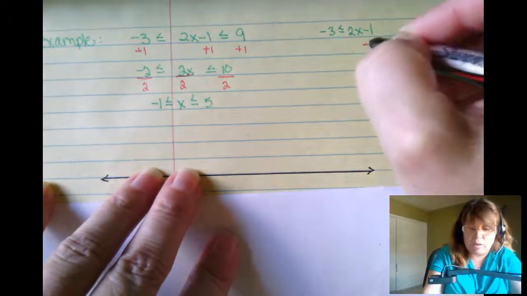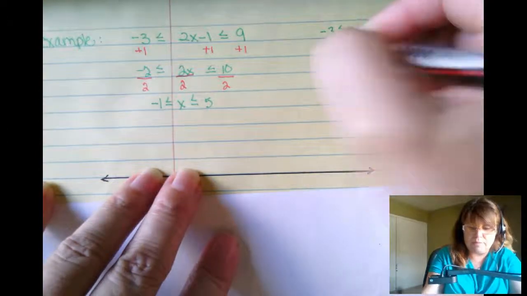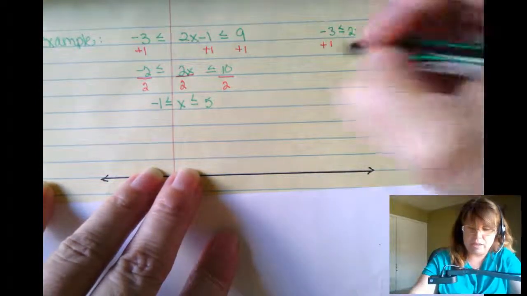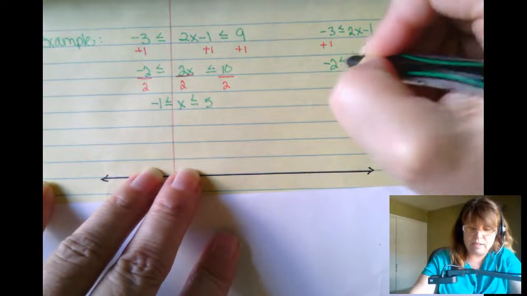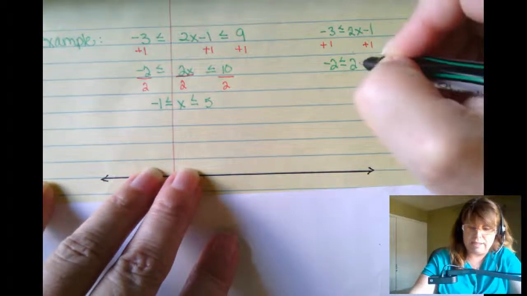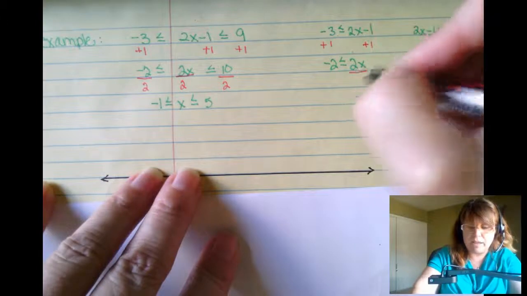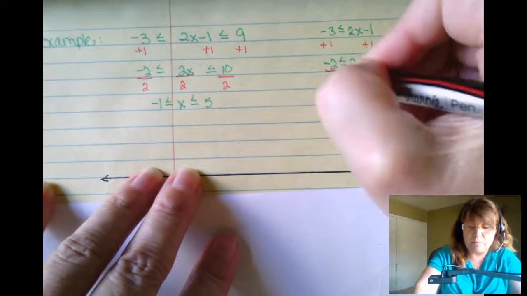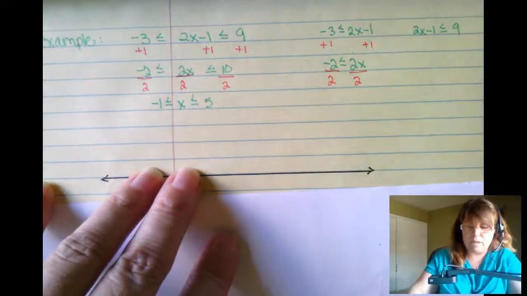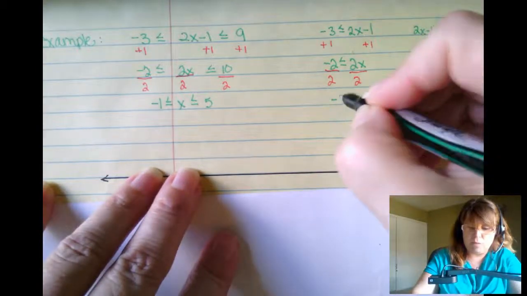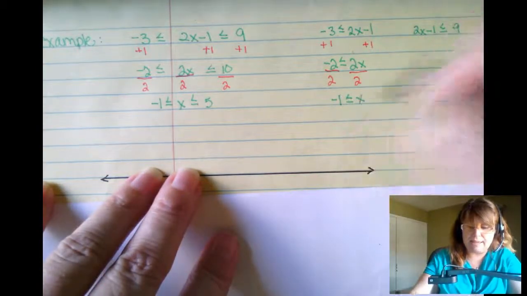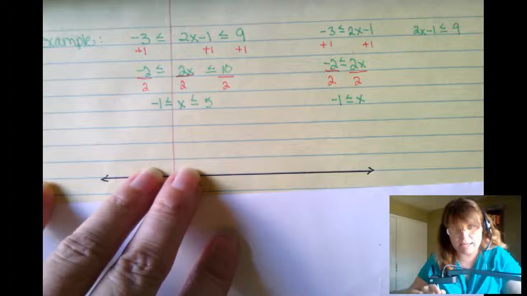So I'm going to add 1, I'm left with -2 less than or equal to 2x, divide by 2, divide by 2, -1 is less than or equal to x. But that's not the only x I have to worry about.